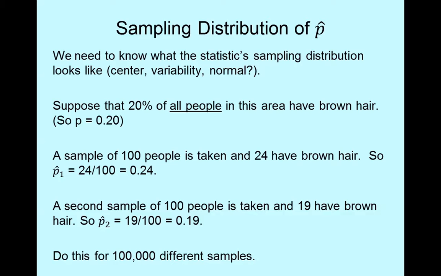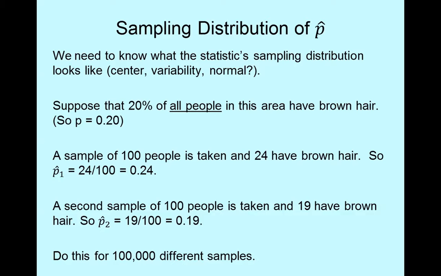So we need to know what the statistic's pattern is, or think about a large histogram based on lots or, in theory, all possible values of the statistic. We're going to focus on three characteristics. Where is it centered? How spread out are the values? And does it look like a normal distribution?